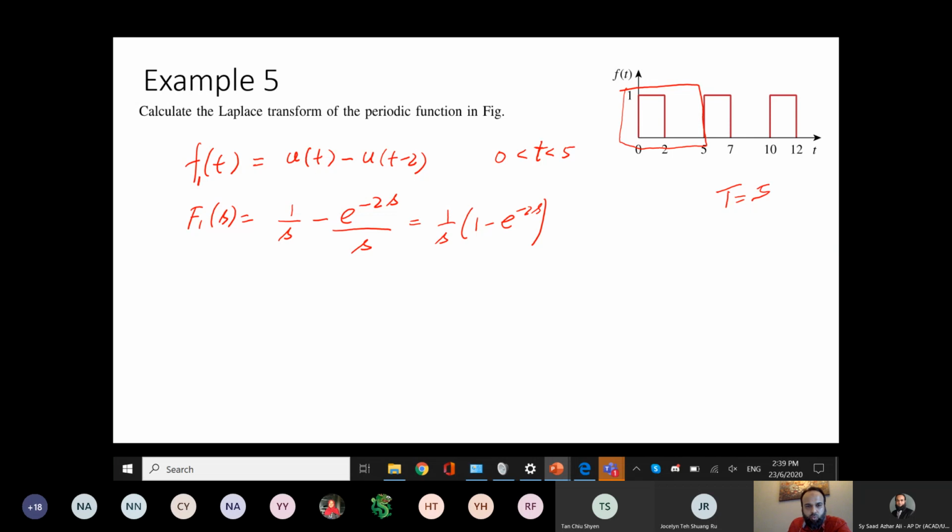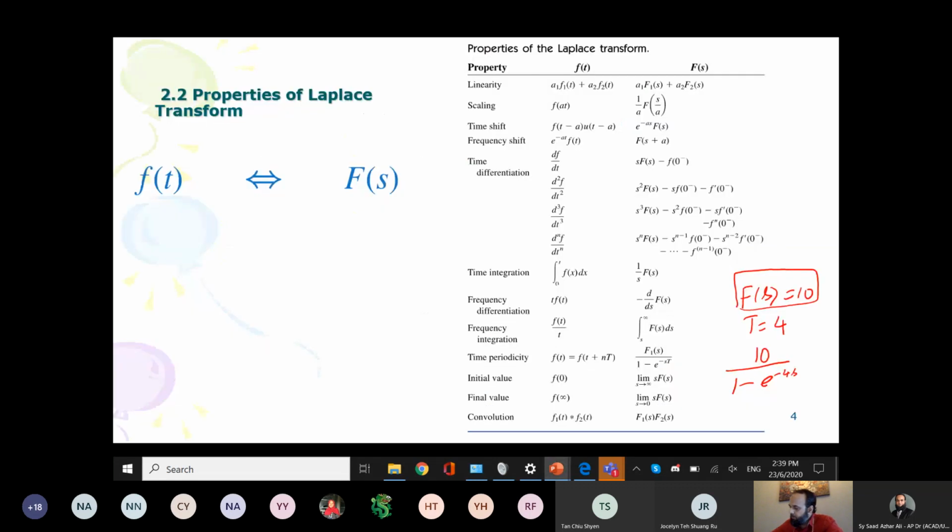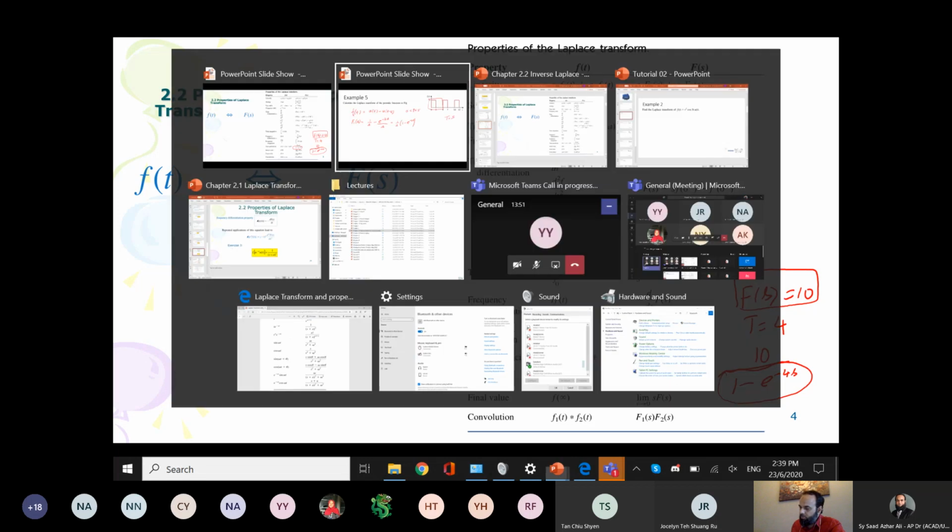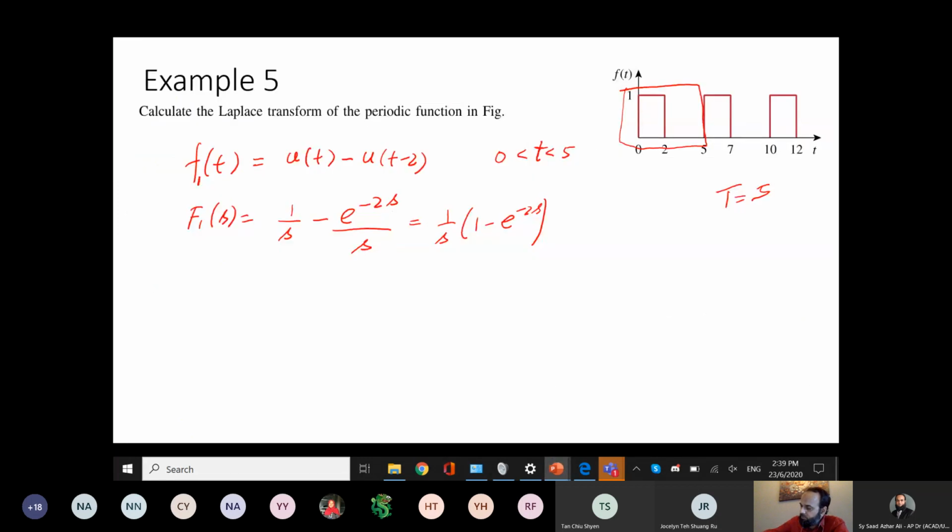So what's next? We go back to the table. We need to divide by 1 minus e to the minus sT. Remember that F1(s) divided by 1 minus e to the minus Ts.